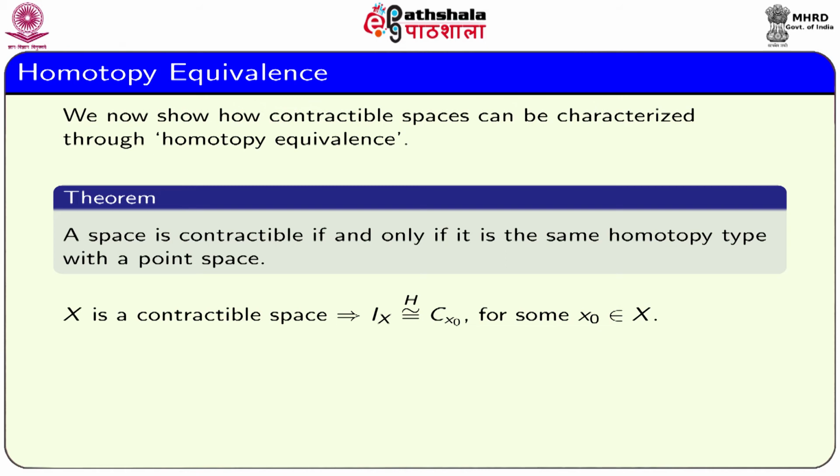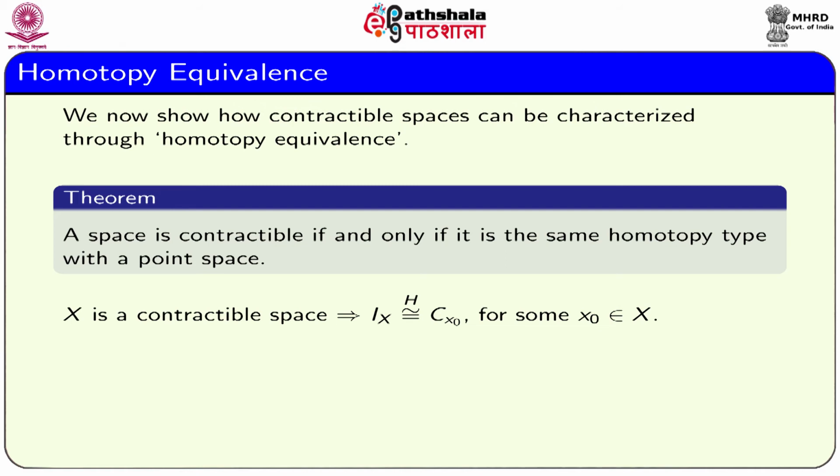Given a topological space X and another topological space Y, we are looking for a homotopy equivalence between them. If there exists a homotopy equivalence between them, then X and Y are called the same homotopy type.